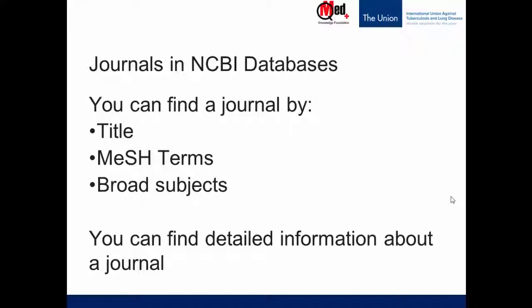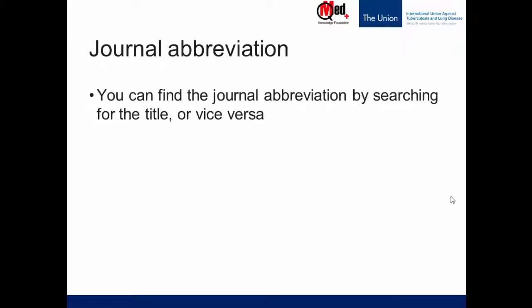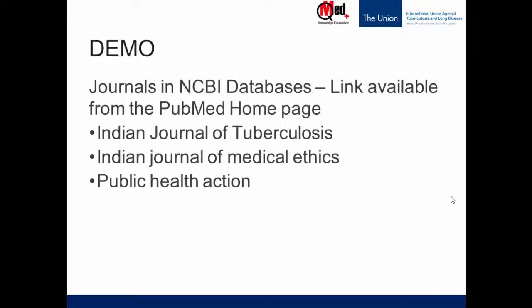And we can also find detailed information about a lot of journals. One more thing is the journal abbreviation. If you know the full title and want to know the correct abbreviation, that's something you can find out. Or if you know the abbreviation and you want to know the full title, that's also doable.